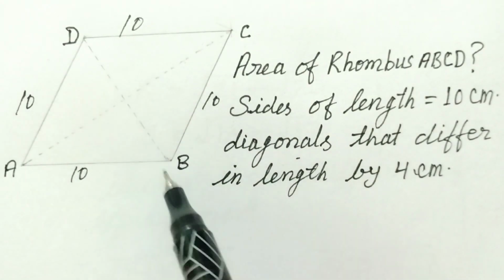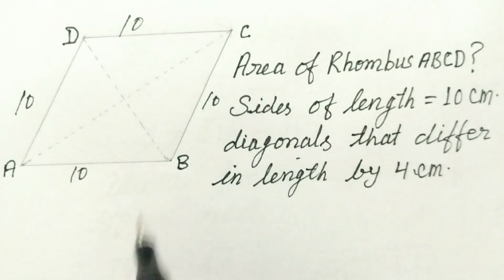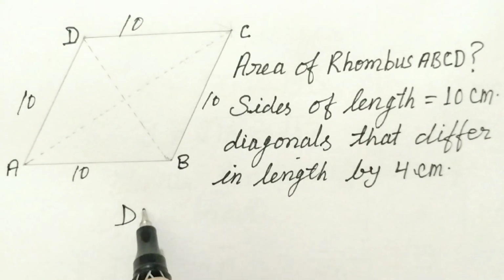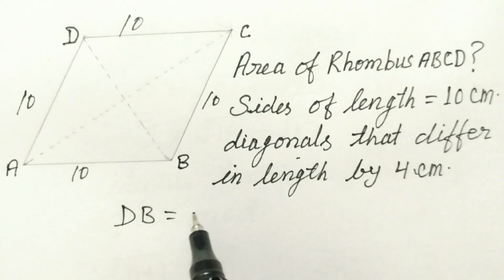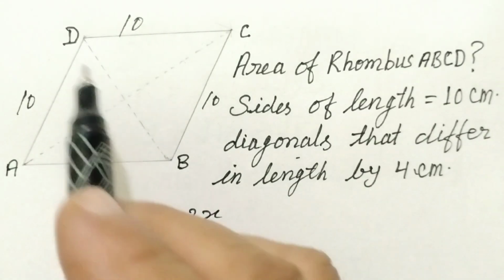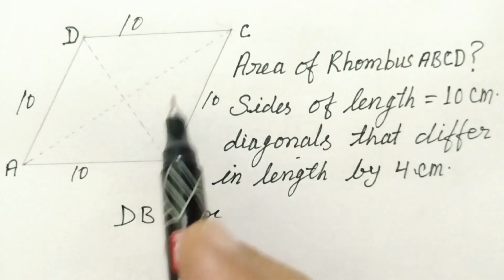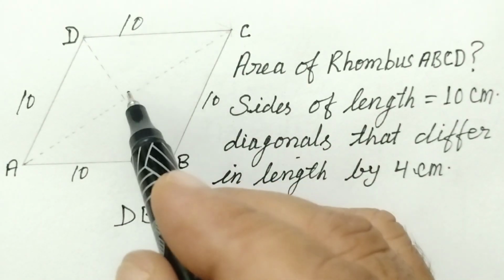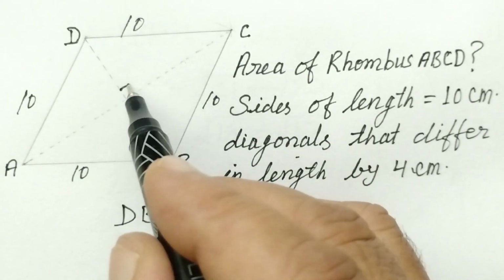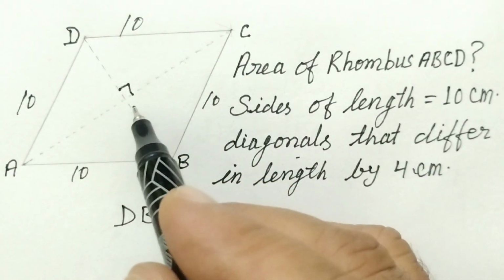Let diagonal DB be equal to 2x. As we know, the diagonals intersect at a right angle.